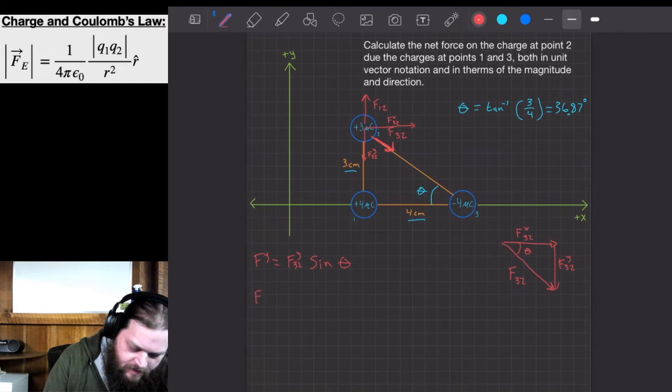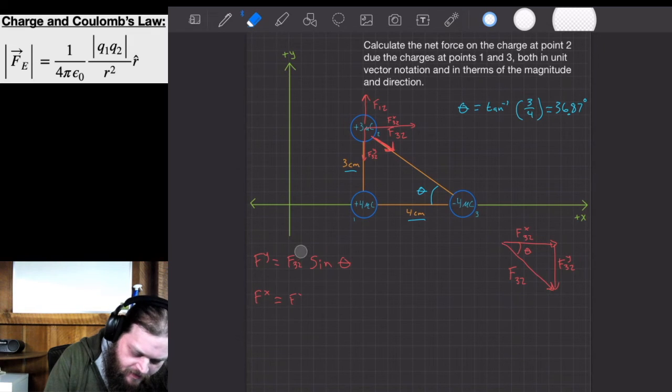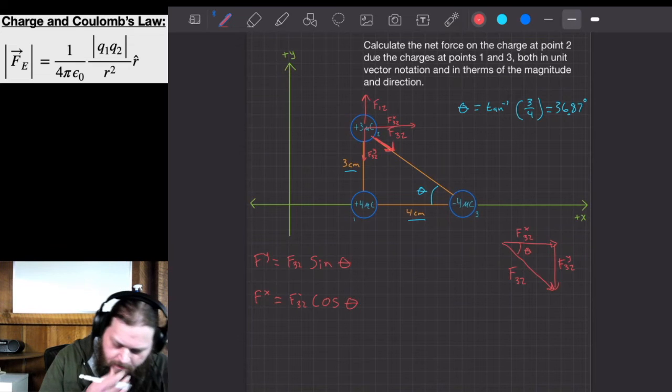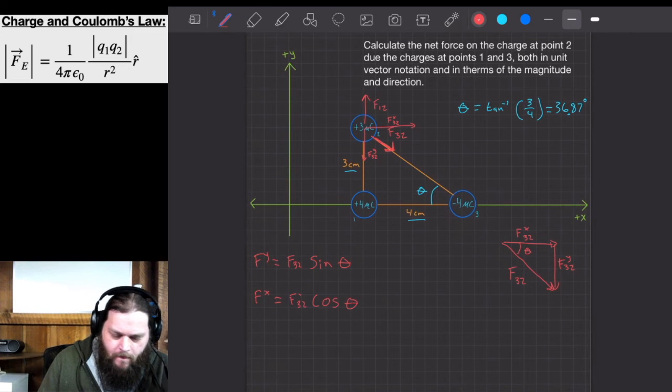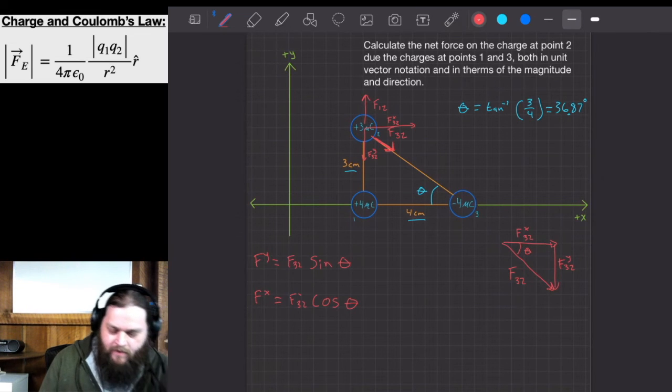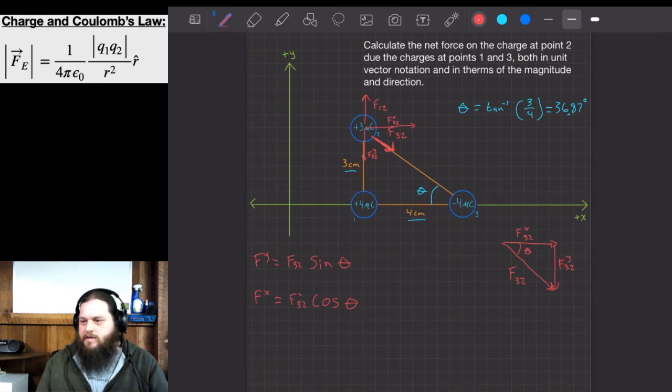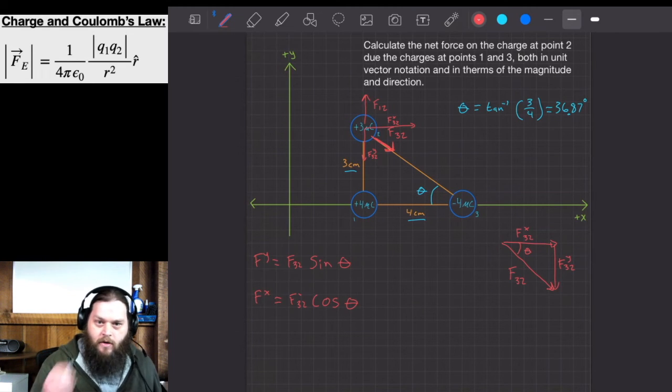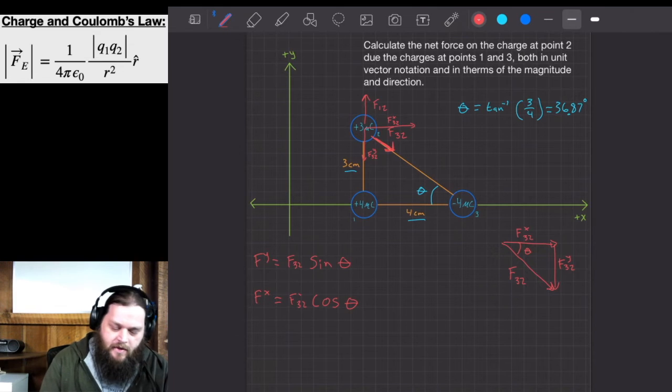And the force in the X is going to equal the magnitude 3, 2 cosine of theta. All right. So now all we have to do is plug in the values that we have into our Coulomb force equation to find this magnitude of force.